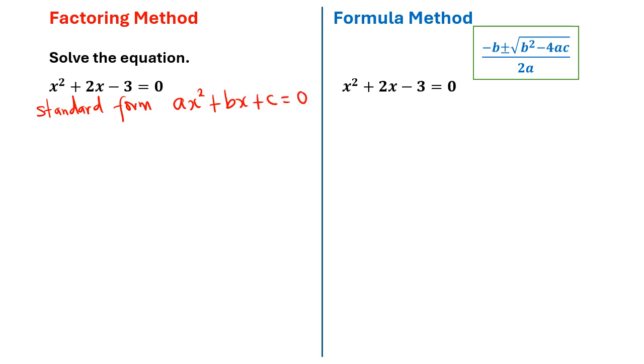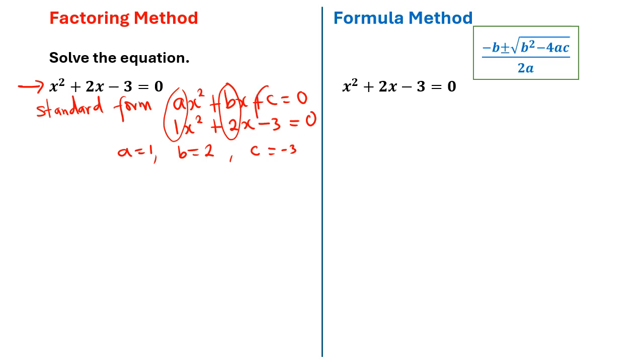Now if we match the standard form to the problem given to us, we see that the problem is 1x squared, because we don't have anything there, we'll just use 1, plus 2x, but then we have negative 3. It's not positive, it's negative 3. So if we match them, a is 1, b matches with 2, and c matches with negative 3. And 0 is 0, so we don't worry about that one.